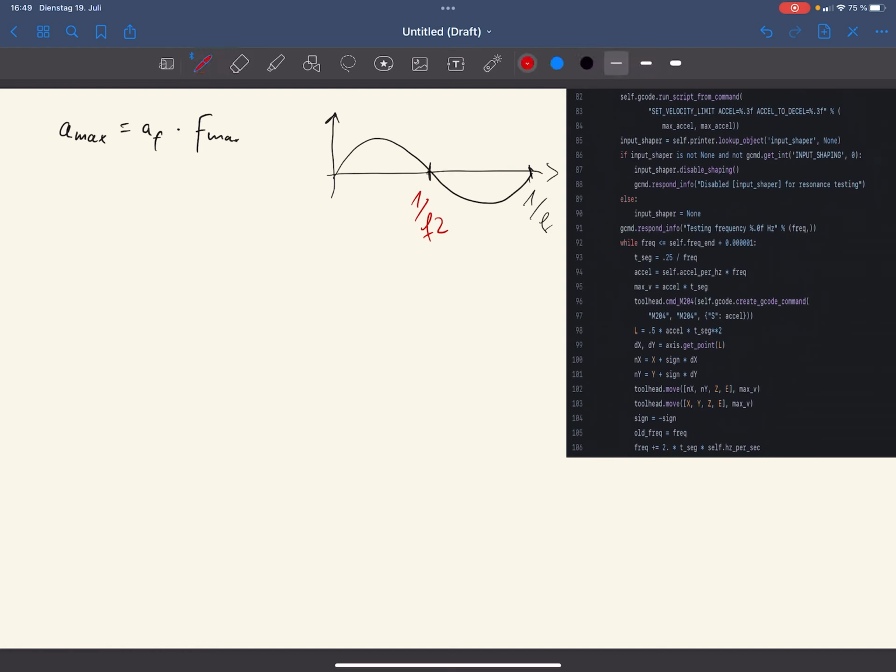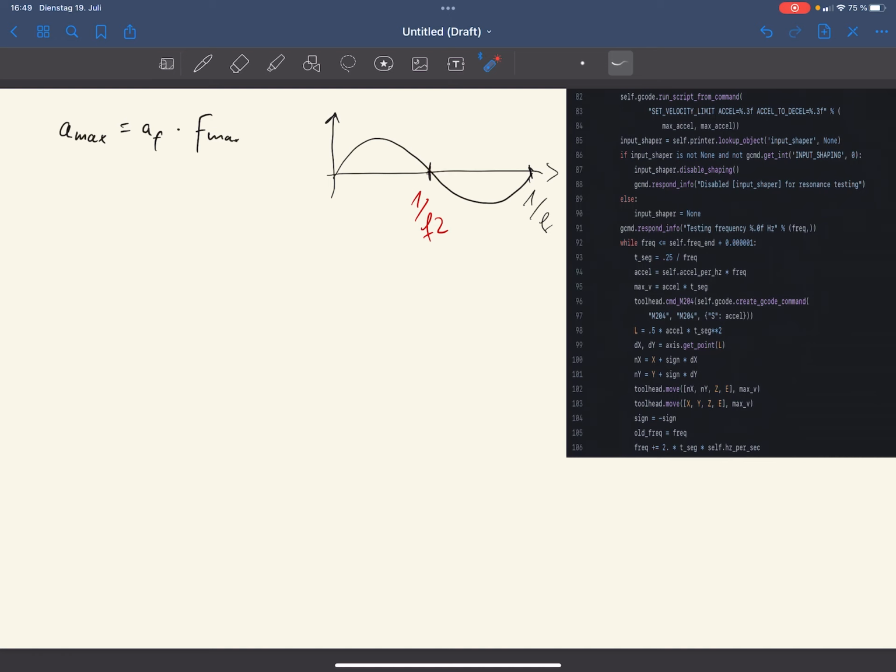So now we are jumping into this while loop. This while loop is basically just there to iterate through the frequencies, and whenever we go through the frequencies, it tries to move within that frequency, stimulate the printhead, then measures the response and gets to the next frequency.